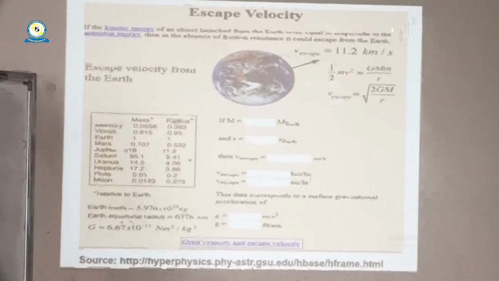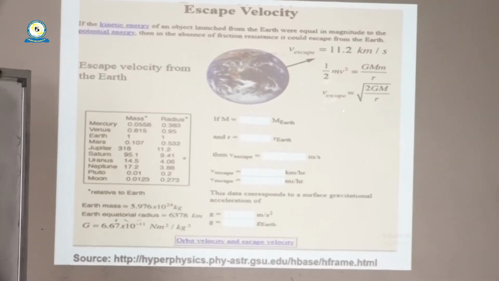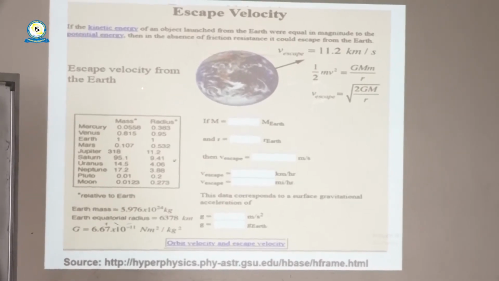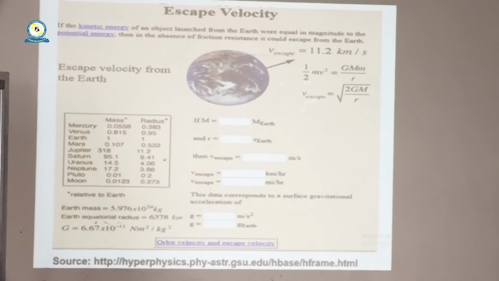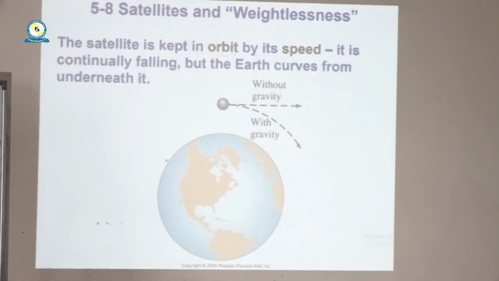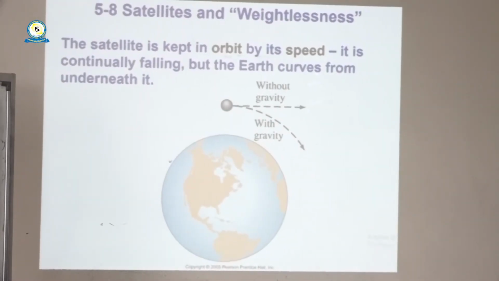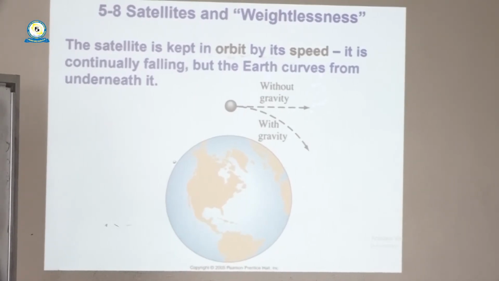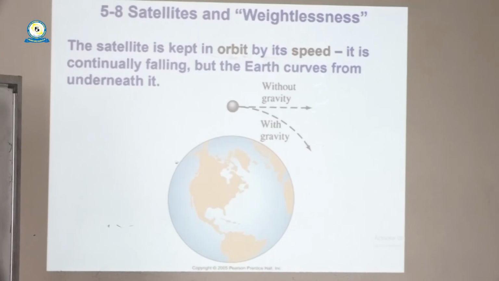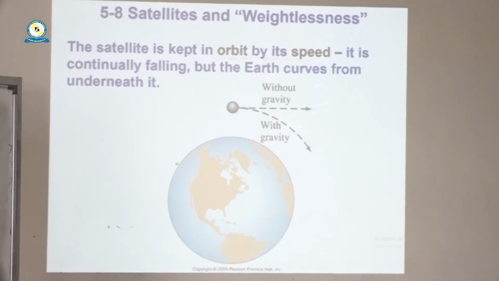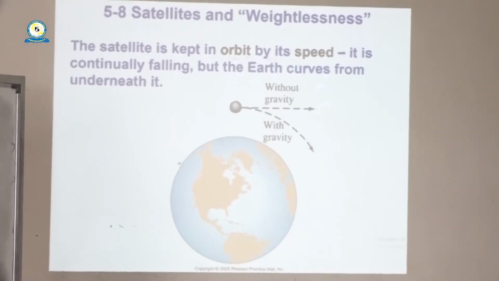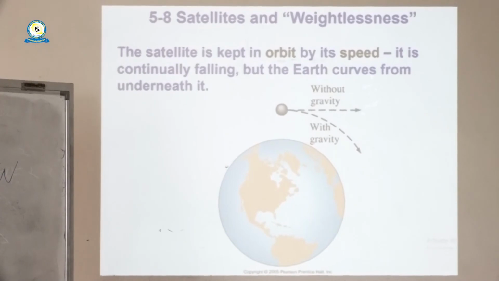Then you make V the subject, and you can get this value, the escape velocity from the Earth. The satellite is kept in orbit by its speed. It's continually falling. This is falling. But the Earth curves from underneath it.